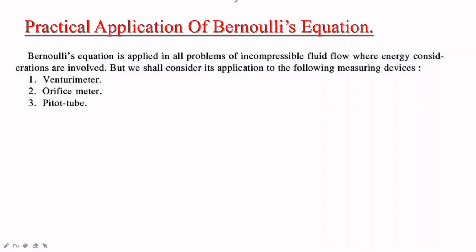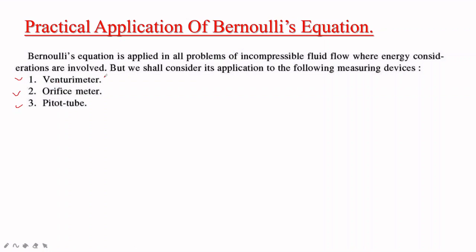On this Bernoulli's equation, we have three measuring devices which work on the principle of Bernoulli's equation, that is Venturimeter, orifice meter and pitot tube. What is this Venturimeter? We will see. Orifice meter, what is that, and what is pitot tube? We will see these three devices separately, and also we have some problems on the three devices.